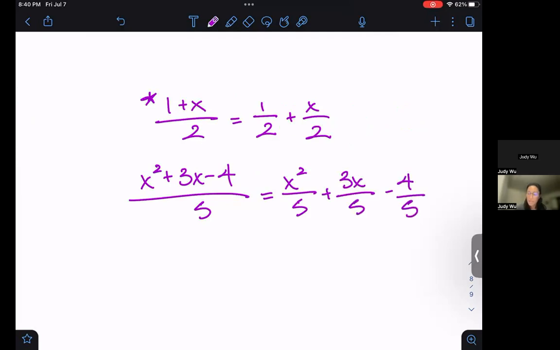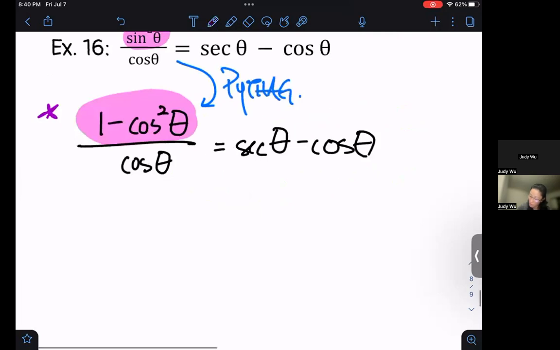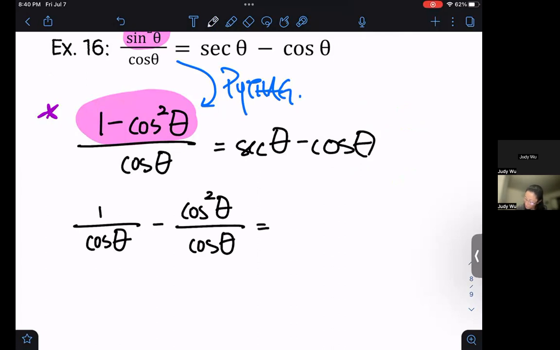Okay? So why is this useful? Well, over here, I have 2 terms in the numerator. So I'm going to split this into 2 separate fractions. 1 over cosine theta minus cosine squared theta over cosine theta. And I hope that that equals secant theta minus cosine theta.